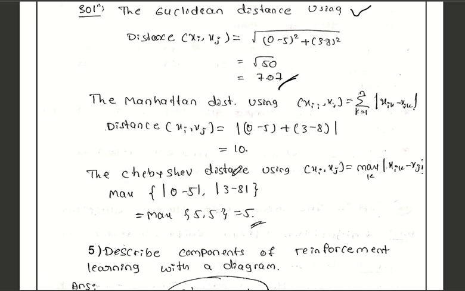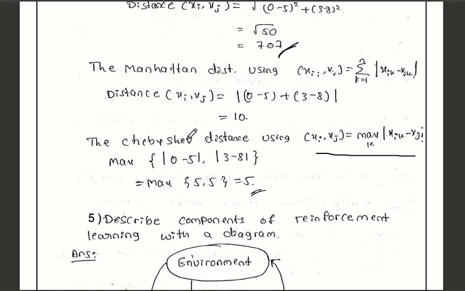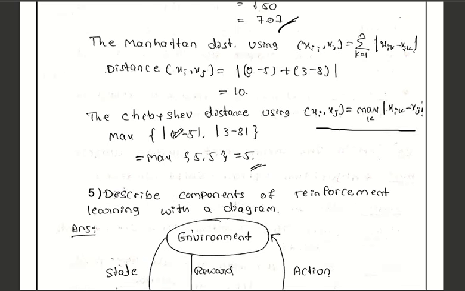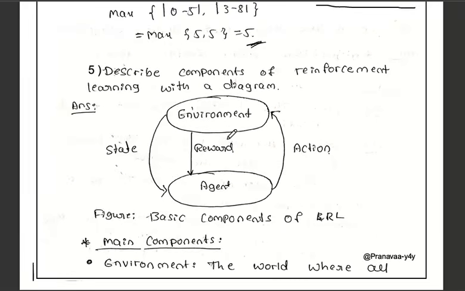Then the Chebyshev distance, again the formula is there. You just have to enter the values, the maximum of the distances. Here |0 minus 5| and |3 minus 8| give max of (5, 5). Both are the same, so you take either one, the maximum is 5. That is the answer.